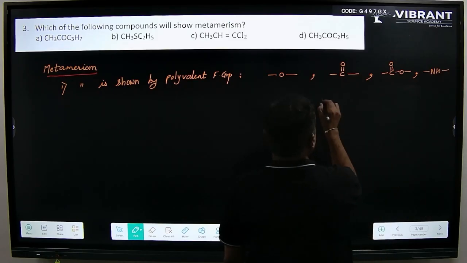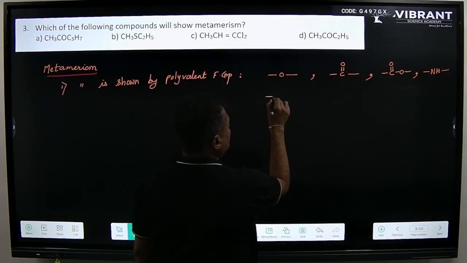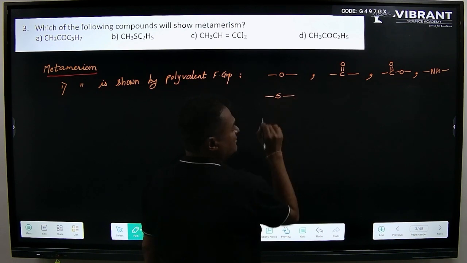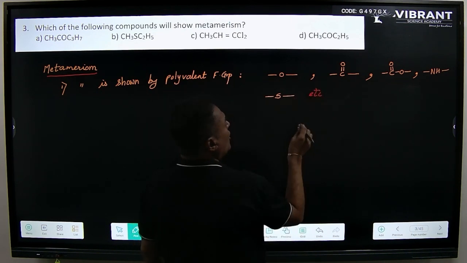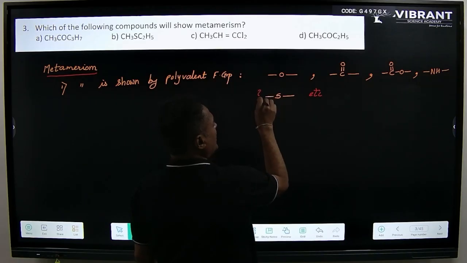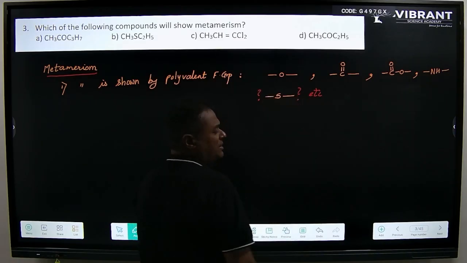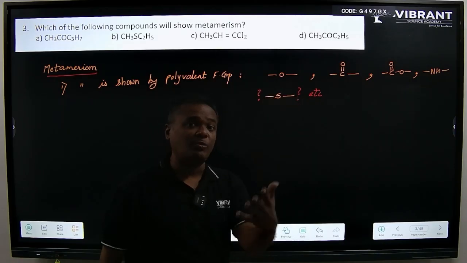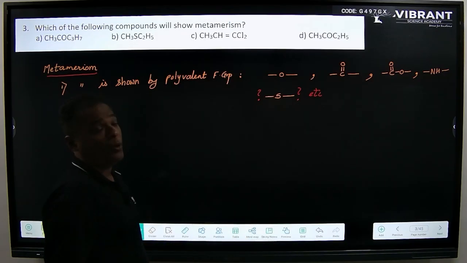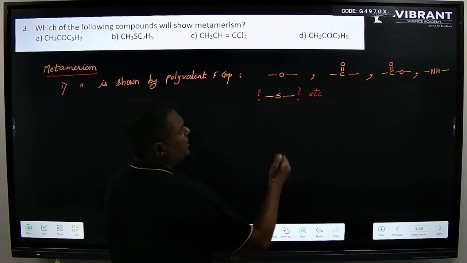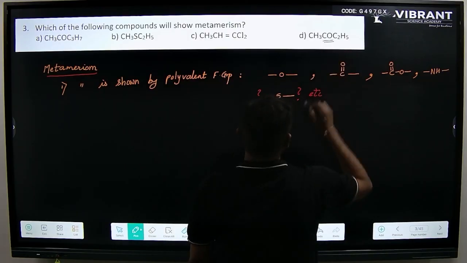Not only this, child, just as you have oxygen, in the same way we can even have sulfur, which is divalent. All these functional groups are such that on both sides you can put a carbon atom. These types of compounds or functional groups are called polyvalent. So the first condition: metamerism is shown only and only by polyvalent functional groups, and here it can show metamerism very easily.